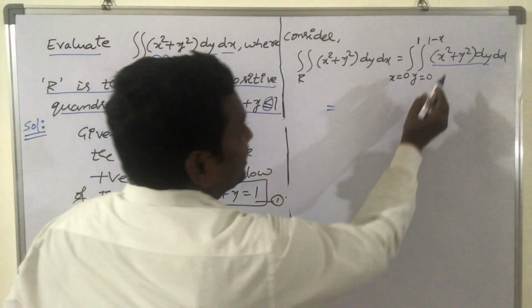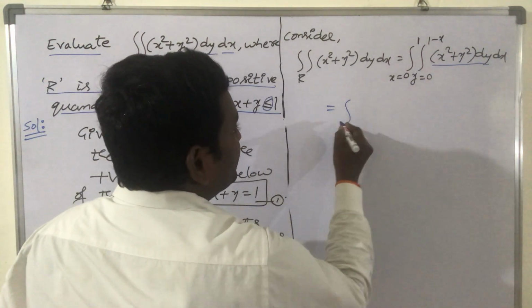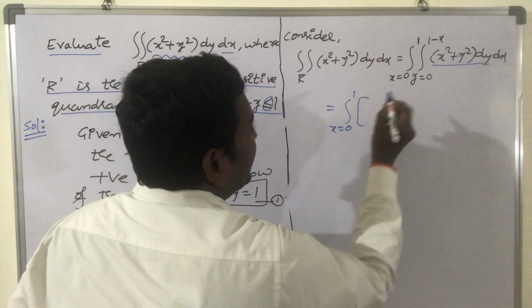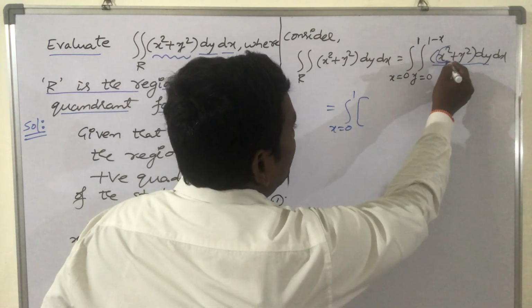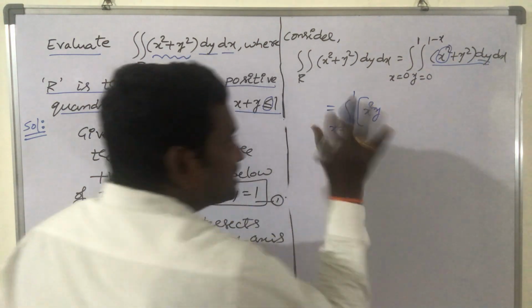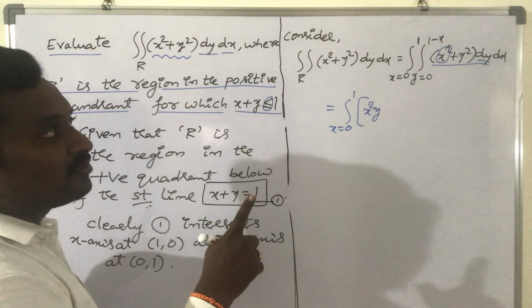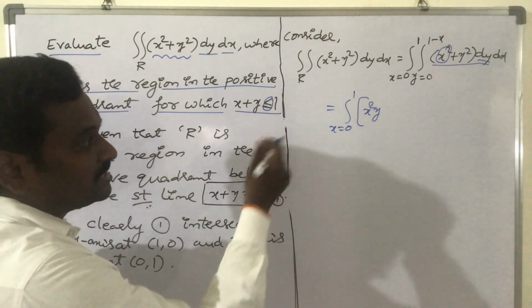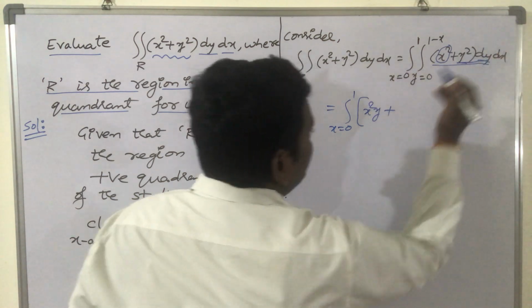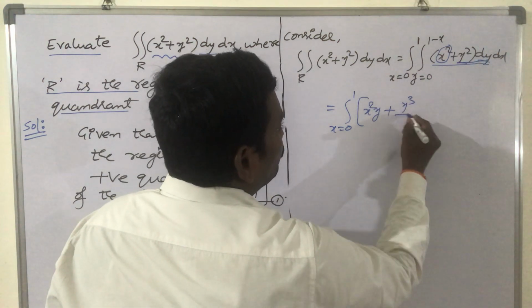In this case, x square is constant. So integral x is equal to 0 to 1. Okay, open a bracket. Integral x square with respect to y is x square y, because x square is constant, it is enough to write the integration of 1 dy, which is y, plus integral y square with respect to y is y cube by 3.